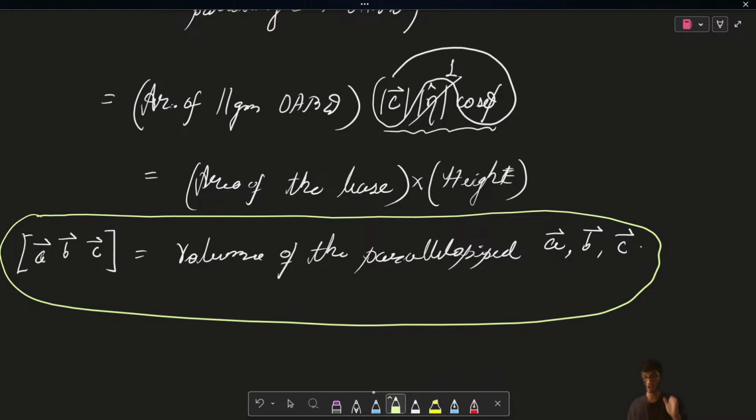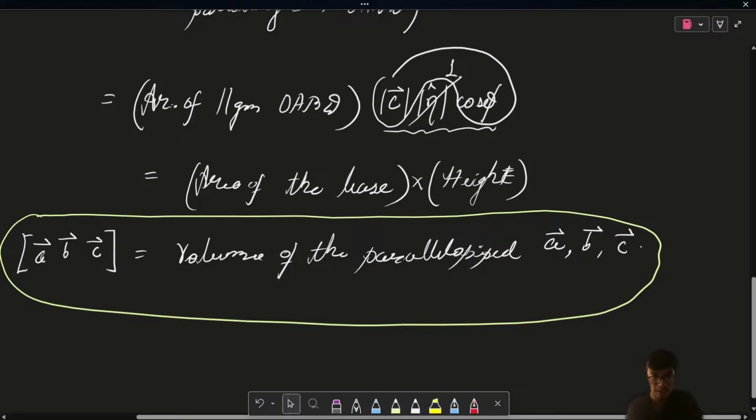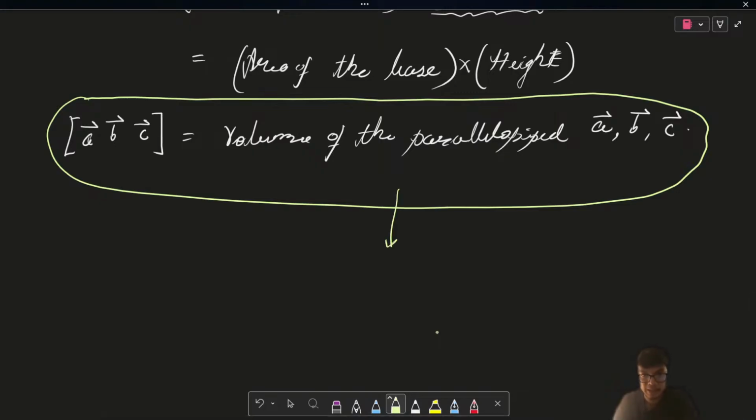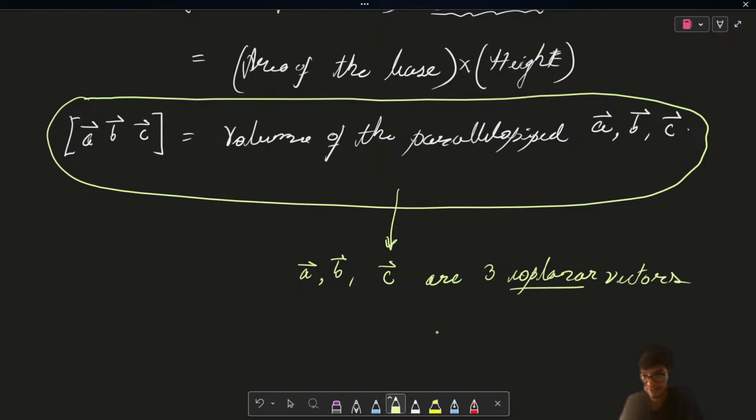We are going to come to the topic of right hand system of vectors, but for the time being, if A, B, C vectors form the right hand system of vectors, then the scalar product of these three vectors denotes the volume of the parallelepiped. Now what happens when A vector, B vector and C vector are three coplanar vectors?